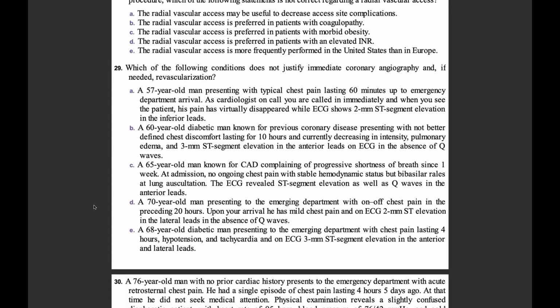The patient is 68, elderly, diabetic, having typical angina symptoms lasting for 4 hours, and is hemodynamically unstable, as shown by the hypotension and tachycardia. The ECG is also suggestive. So this patient will benefit from immediate coronary angio and revascularization.